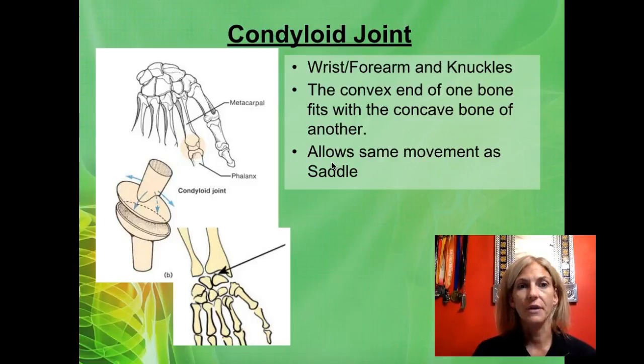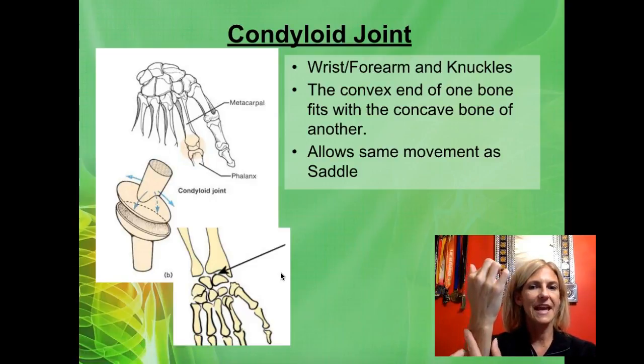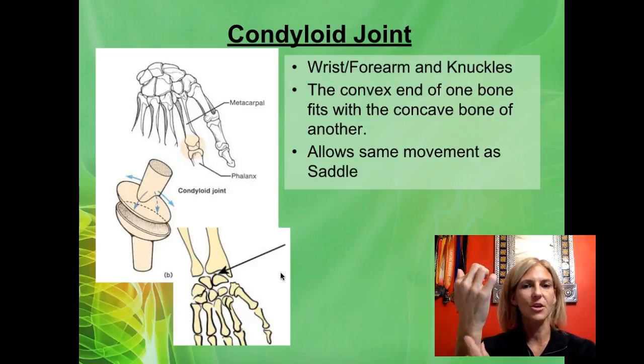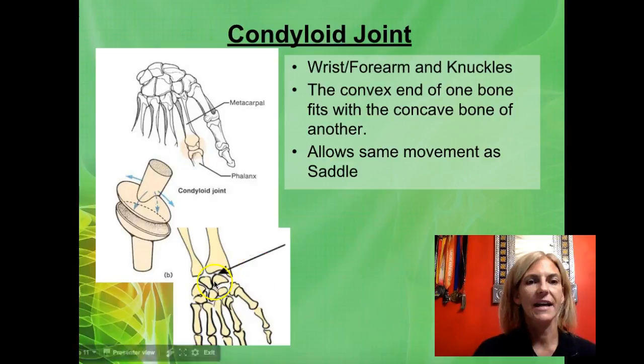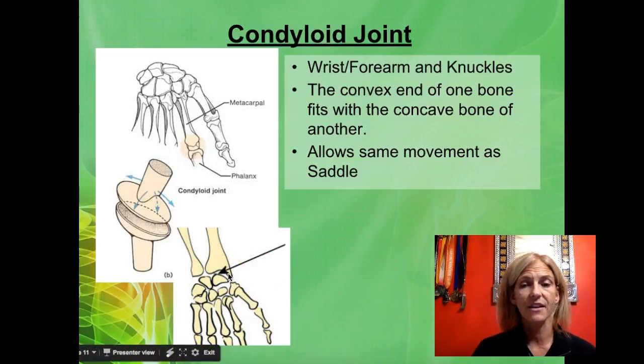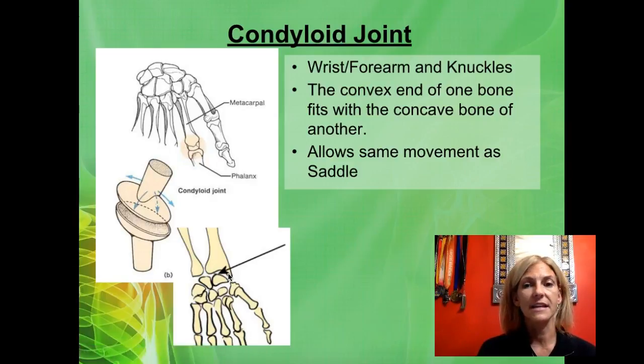The condyloid joint is found in the wrist, now this time between the wrist and the forearm bones, right? So between that radius and the carpals provides, see here, a condyloid joint, which is similar to the saddle in that it allows up, down, and side-to-side motion.